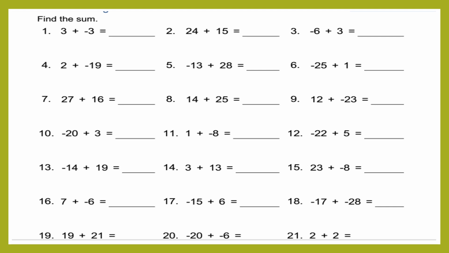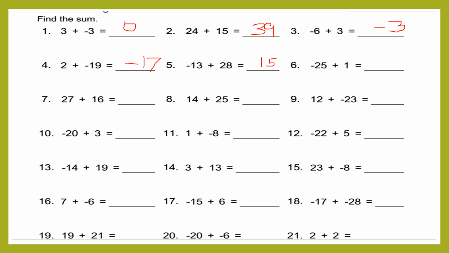Let us answer this one. 3 plus negative 3 is 0. This is a zero pair. 24 plus 15, that is 39. Negative 6 plus 3 is negative 3. 2 plus negative 19 is negative 17. Negative 13 plus 28 is 15.